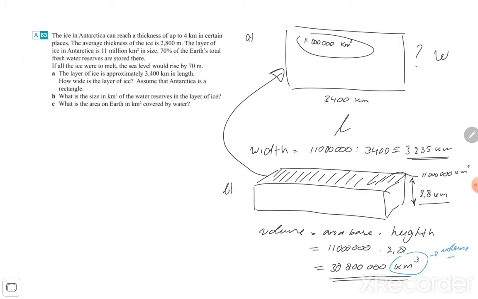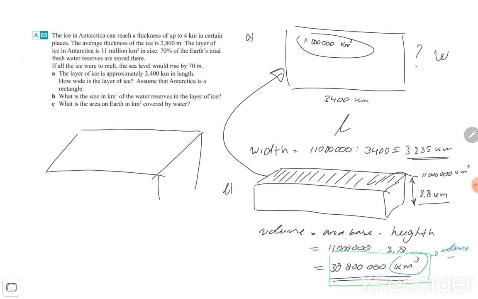Exercise C. What is the area of the Earth in square kilometers covered by the water? Now, what we know is how many cubic kilometers it is in total. So let me just mention that this is your land.